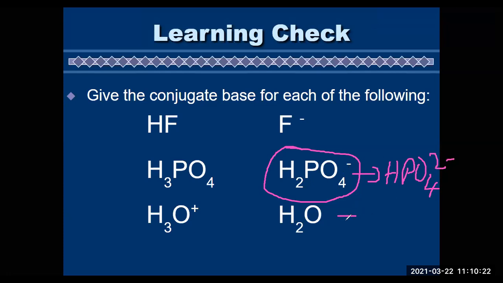So what about this? What is the conjugate base for H2O? OH minus. Call it OH, OH minus. All right. So this can also go further to give us another conjugate base. What is the conjugate base for HPO4 2 minus?